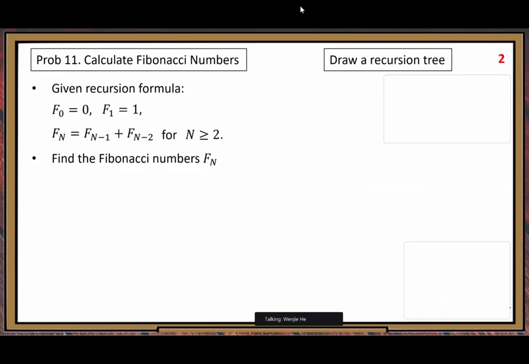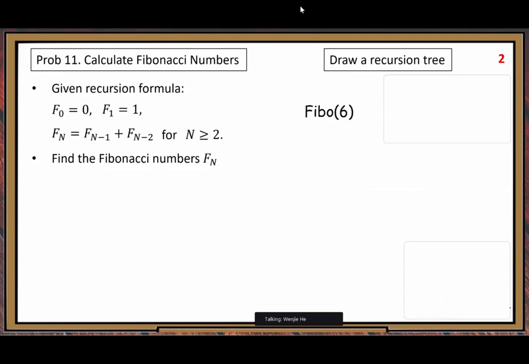Here, I want to draw a recursion tree, in order to see how the computer algorithm calculates the Fibonacci numbers. I draw a relatively small recursion tree.